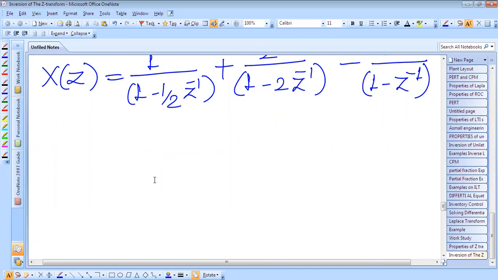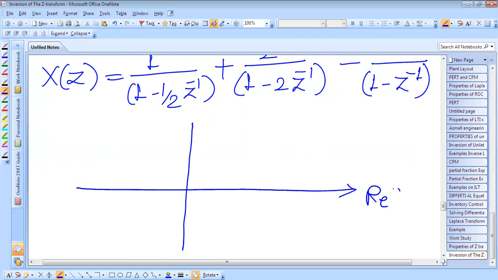First, the ROC. We'll draw the location of these poles. This is the real part of z, and this is the imaginary part of z. This is the origin.